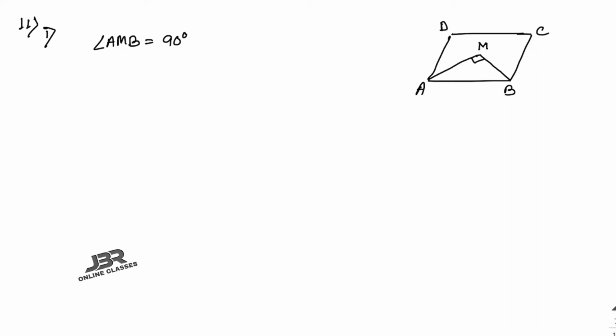So as ABCD is a parallelogram, that means AB is equal to DC and also AB is parallel to DC. And AD is equal to BC and also AD is parallel to BC. Clear? Because the opposite sides are parallel and equal.